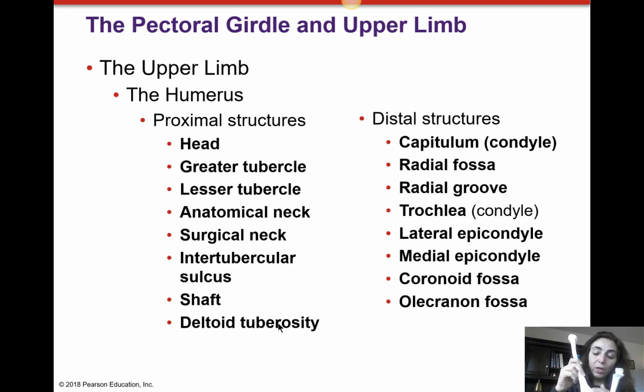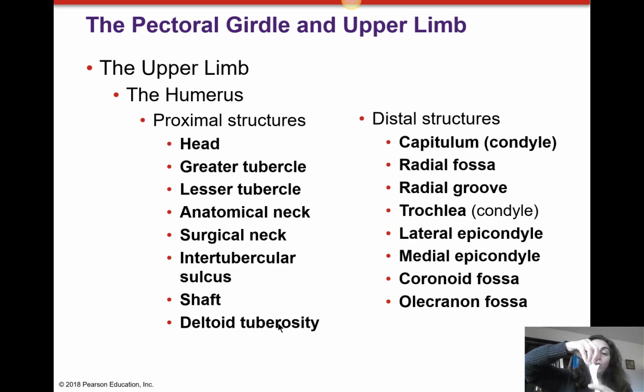Now regarding the three fossae that we have here, two small on the anterior side, one big on the posterior side, right? As you saw here, this big one belongs to this part of the ulna.